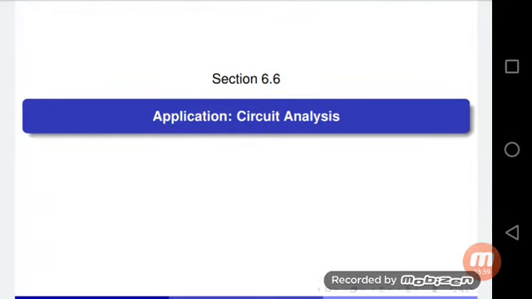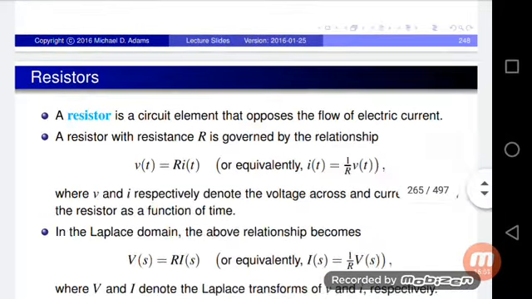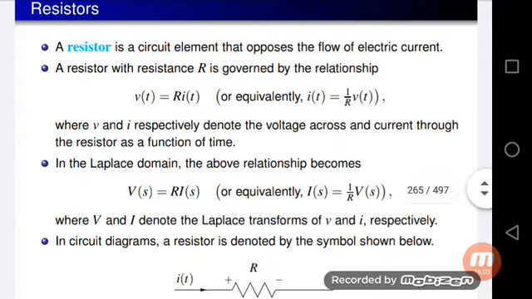And next one is circuit analysis. Already we know why we are using resistors, capacitors and inductors. In the previous class we discussed why we use a resistor. A resistor is a circuit element that opposes the flow of electric current.